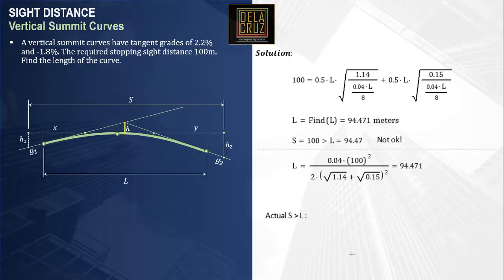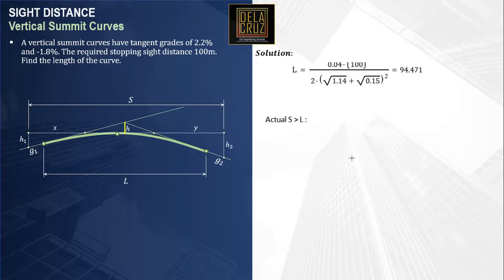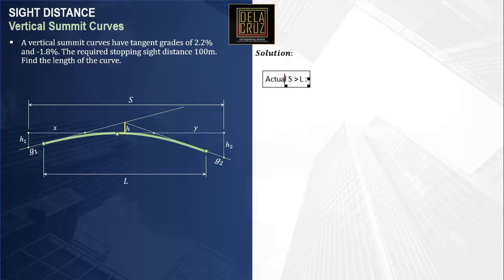So in this scenario, we can have here, S is equal to, as you can see, X. Our X here will be from this point of intersection of the horizontal line or the line of sight to the grade of tangent. Similarly, the grade of tangent here and the horizontal line intersection.